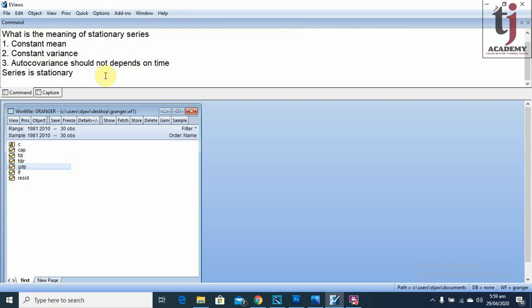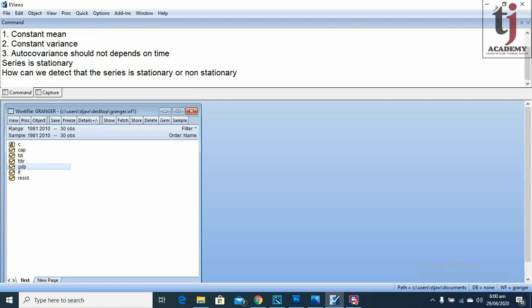Then how can we detect that this series is stationary or non-stationary? There are three methods. Number one, graphical method. This is a very informal method.